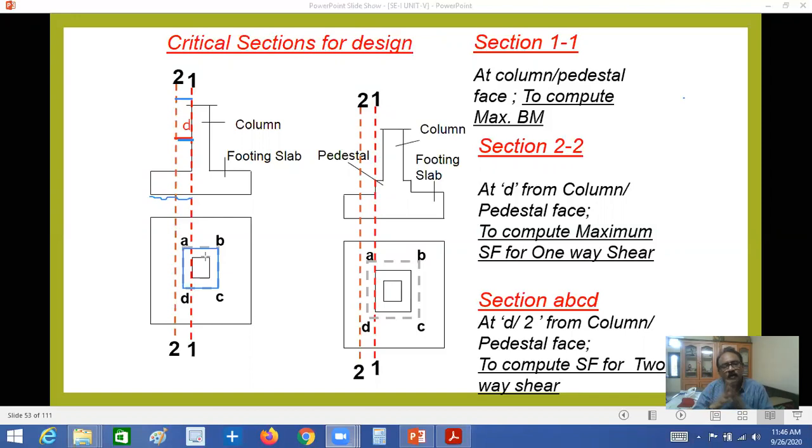Very important: these are the three critical sections we have studied from IS 456, and you must explain them in detail in the examination. Compulsorily, you will get one question, design of isolated footing, either in numerical values or explaining the procedure.